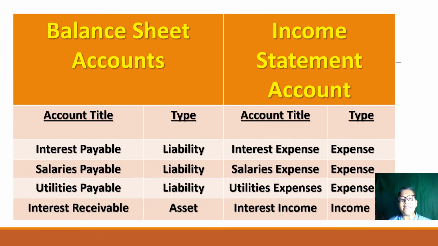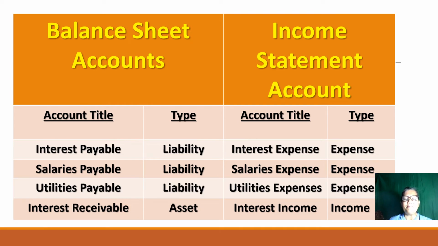Last, look at the table. We have two columns, balance sheet accounts and income statement accounts. We have the account title in the balance sheet. We have interest payable and it is classified as liability. And once you fail to recognize the liability, it follows that the expense is also not recognized.